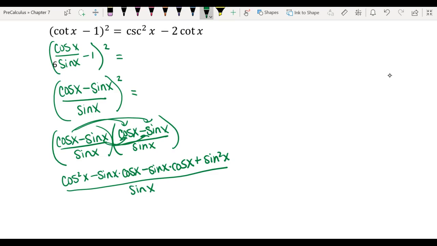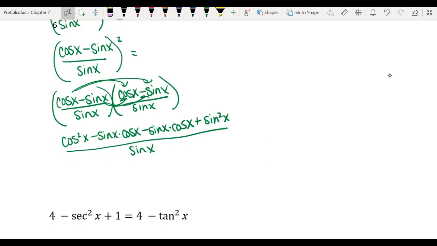What do you think we should do next? Combine like terms. Wouldn't this be negative 2 sine cosine of x's? And then I'm going to reorder this just to maybe give you a little hint about what the next step is going to be.